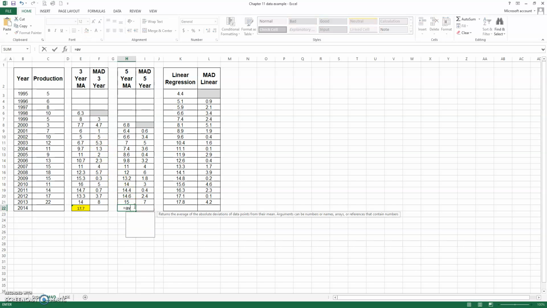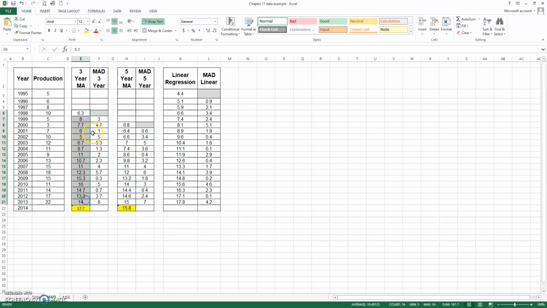Whereas a 5-year moving average looks at the last 5 years of data, and that is a value here. In essence, we did the same for all of these values. 6.3 is the average of these 3. 8 is the average of those 3. That's the moving average concept.